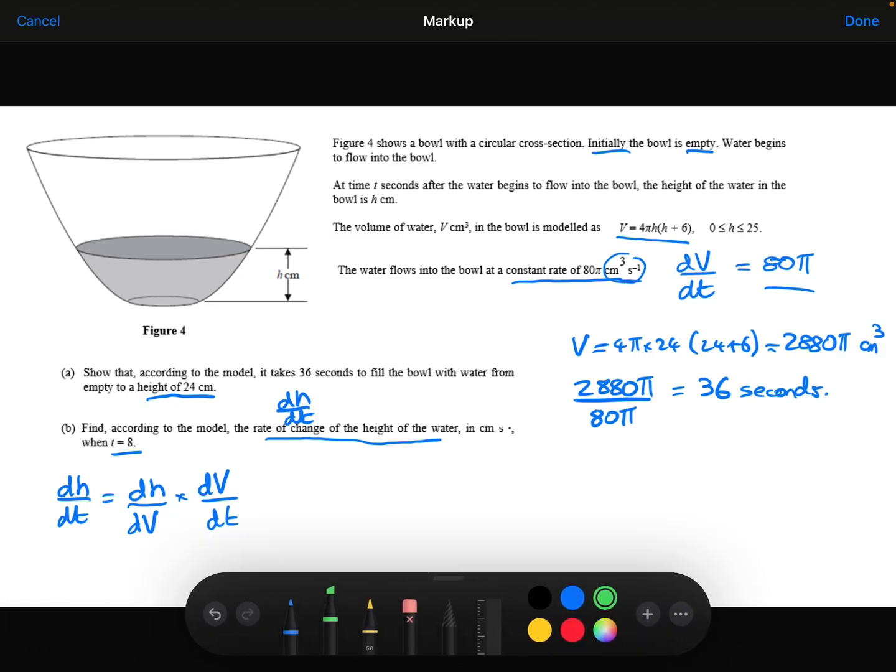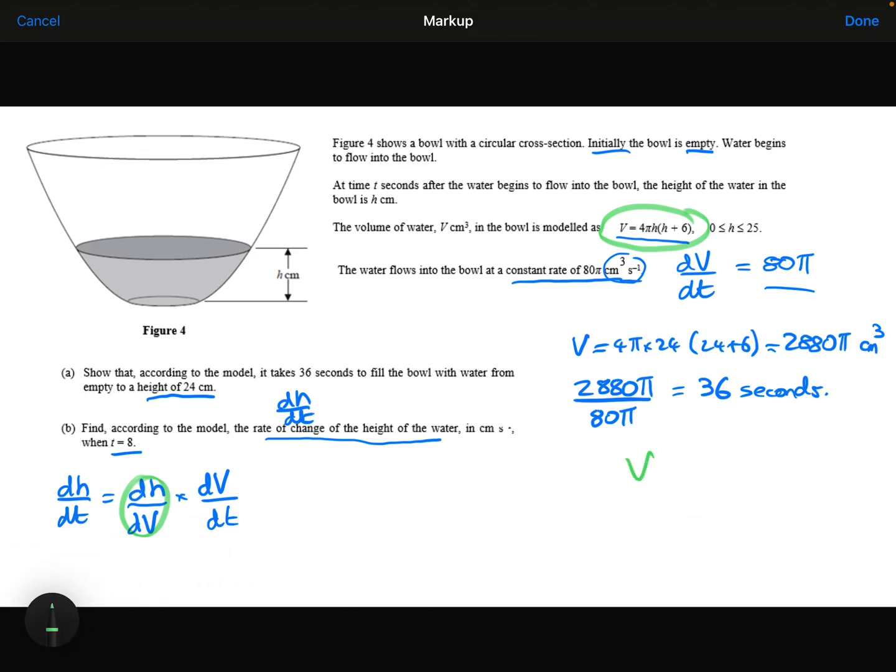And the dh by dV, I can work that out. I can differentiate the volume with respect to the height. So in order for me to do that, first let me expand those brackets. So we'll have 4 pi h times h and 4 pi h times the 6. And now I can differentiate V with respect to h.